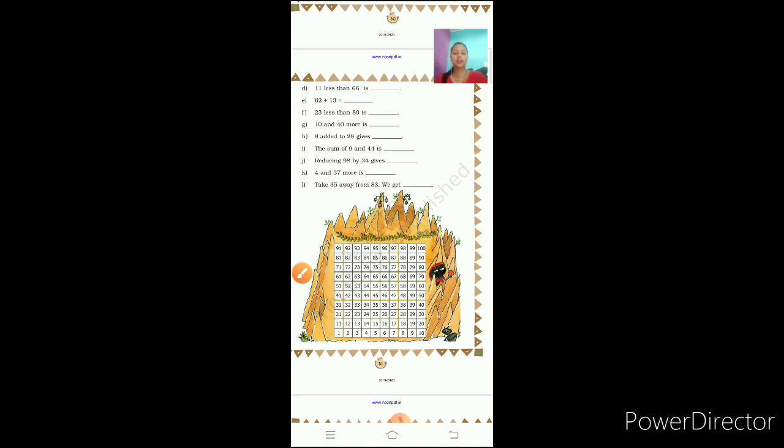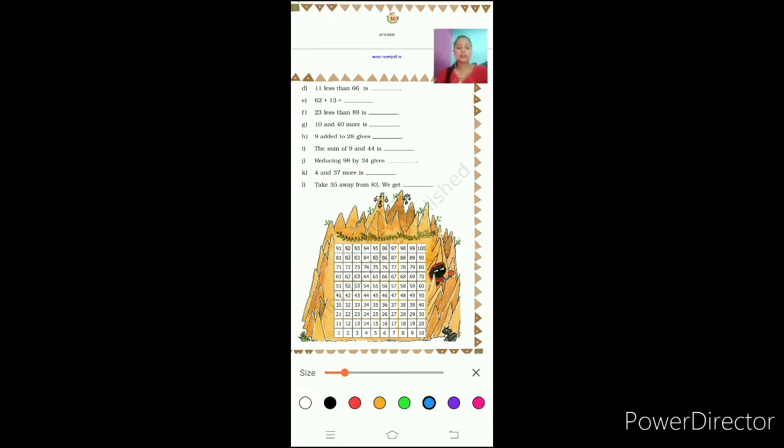53 minus 20. So where is 53? Here, and minus 20 means 2 steps down. 1, 2. So answer is 33, and you can do it like that also. 53 minus 20.